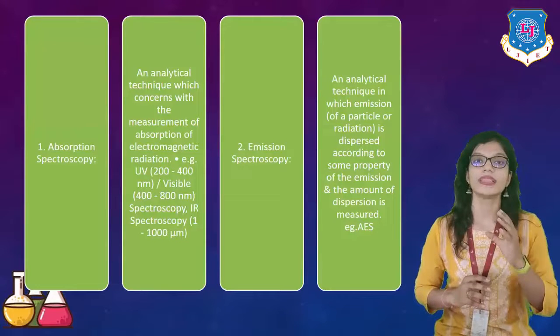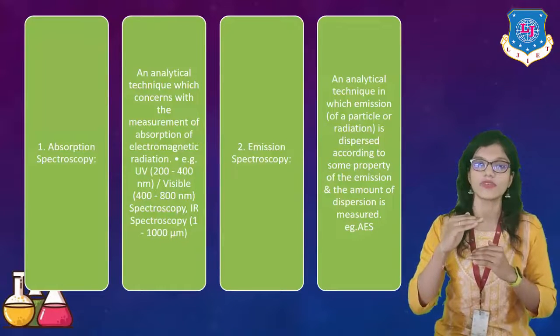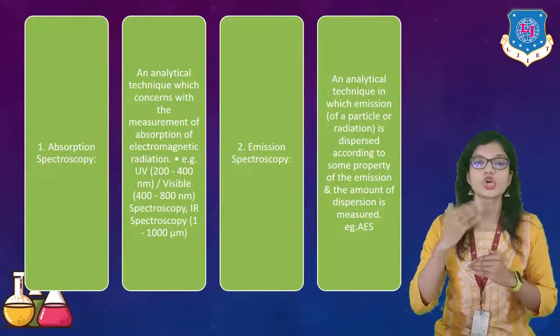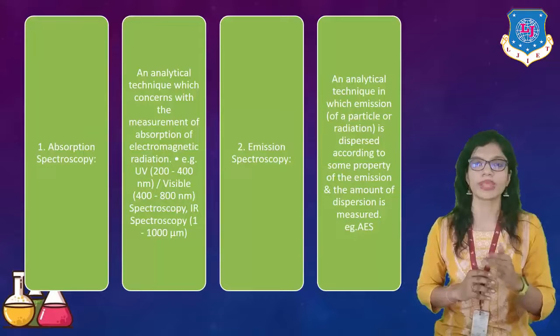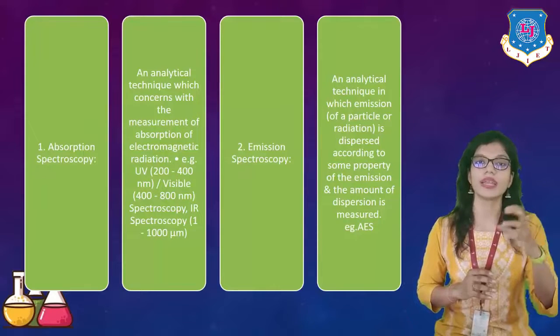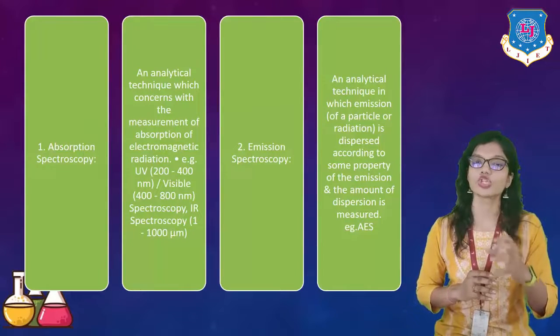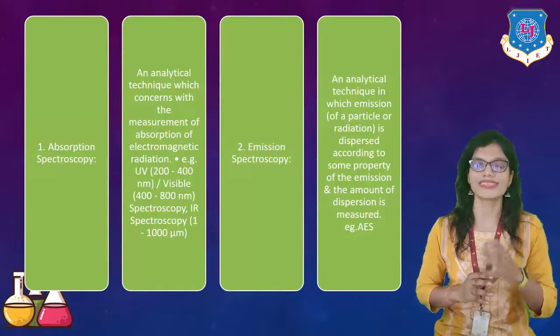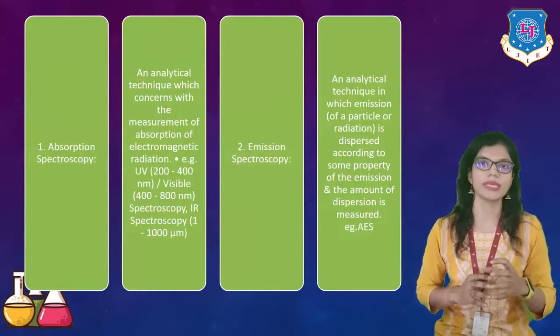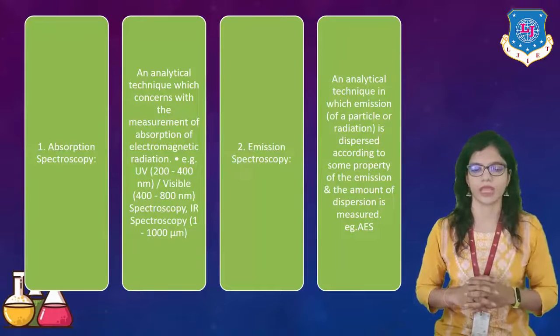Along with it, their energy difference between the states is also different. Now when the energy difference is different, then the light that is absorbed will also be different. And in that manner we can identify that particular sample. This is the base of identification of any kind of sample.